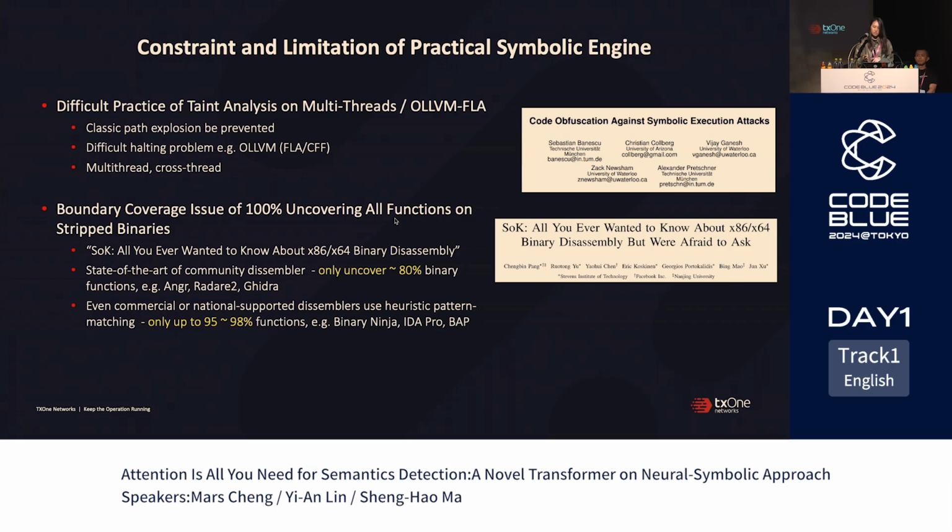There are three common limitations: classic path explosion, the halting problem, and the multi-threading problem. The classic path explosion problem is prevented by our method because our method doesn't scan through all the branches of the code. We only scan through the relationship of the cross data. So this helps us prevent the path explosion problem.